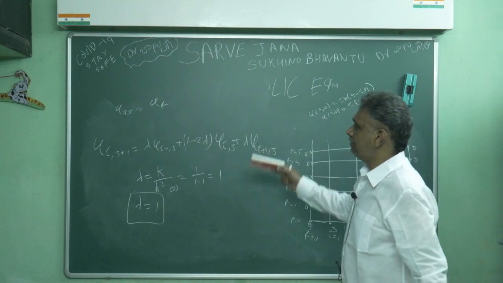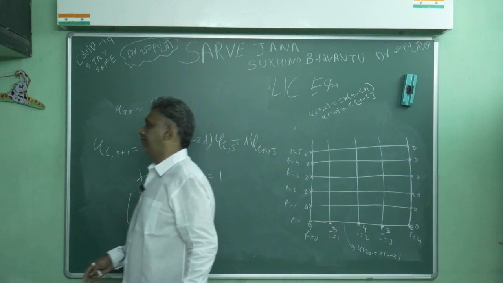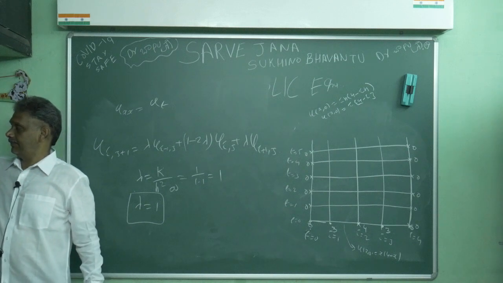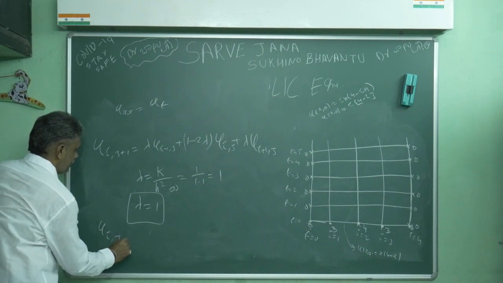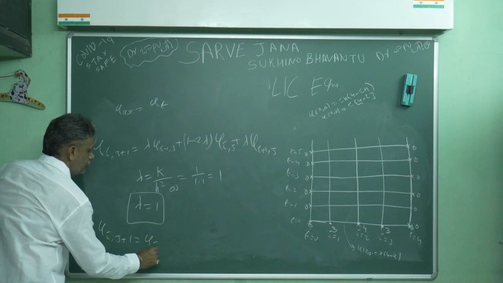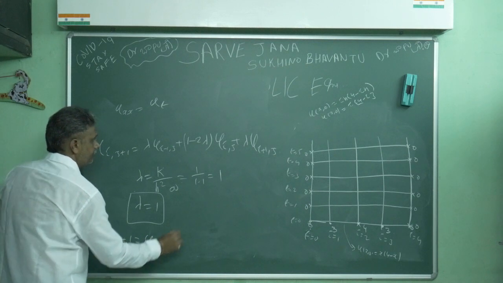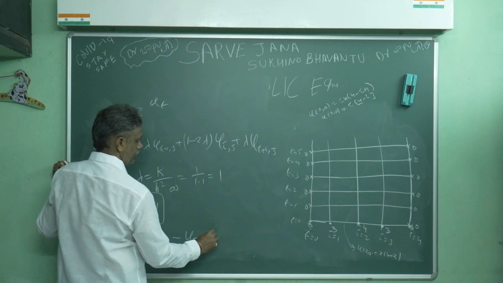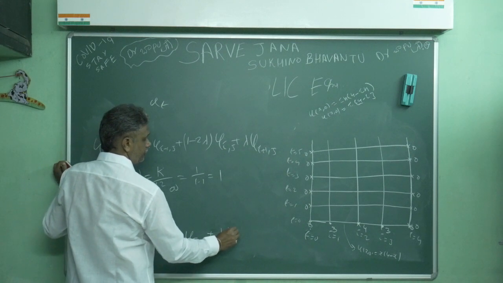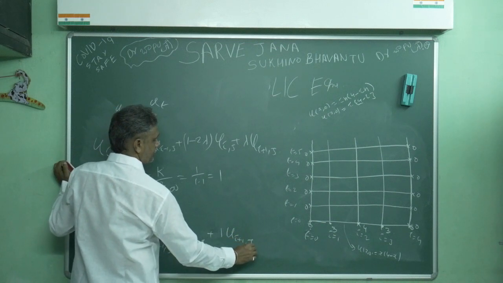If you substitute lambda equal to 1, what will I get here? u(i, j+1) = u(i-1, j) + (1 - 2) u(i, j) + u(i+1, j), that is, u(i-1, j) minus u(i, j) plus u(i+1, j).